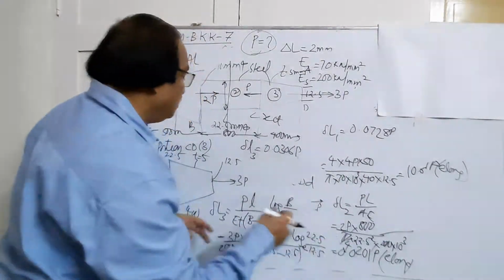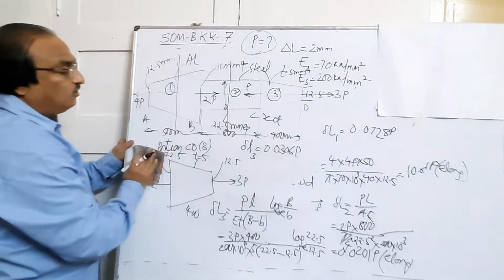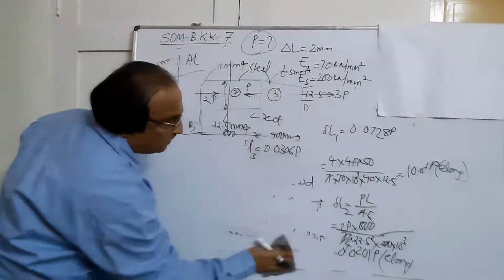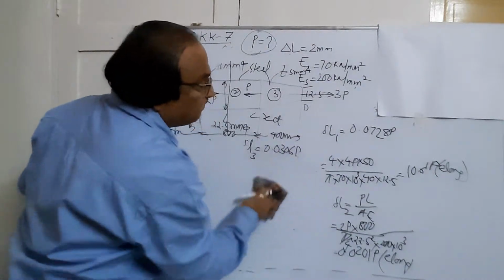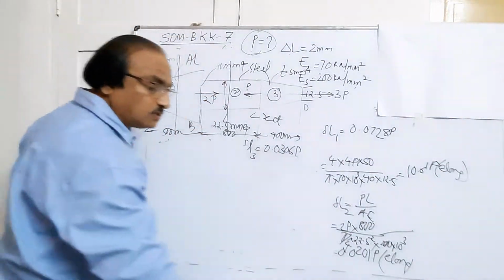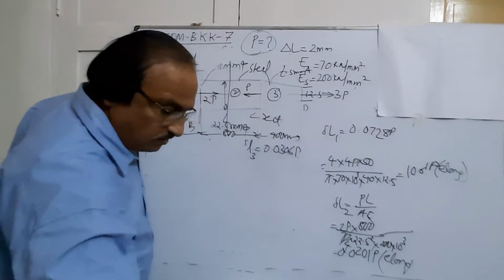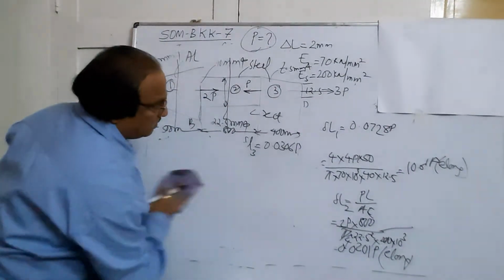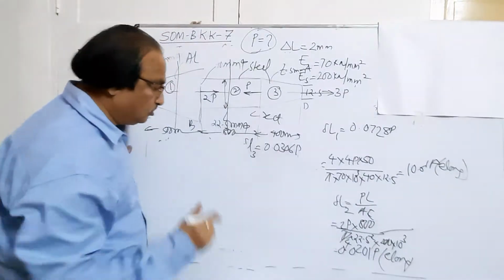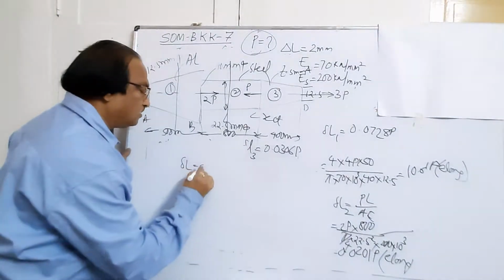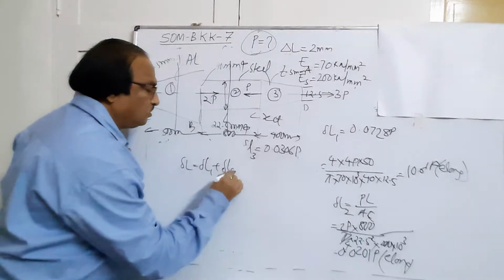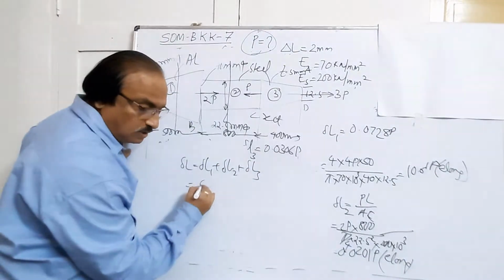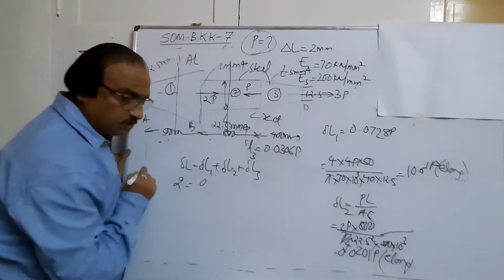Now you have to find out the value of P. Instead of finding out the total deformation, we are going to find out the value of P. The condition he has given is the total deformation. So delta L is equal to delta L1 plus delta L2 plus delta L3. We know all three values. If we substitute them, total deformation is 2 mm.